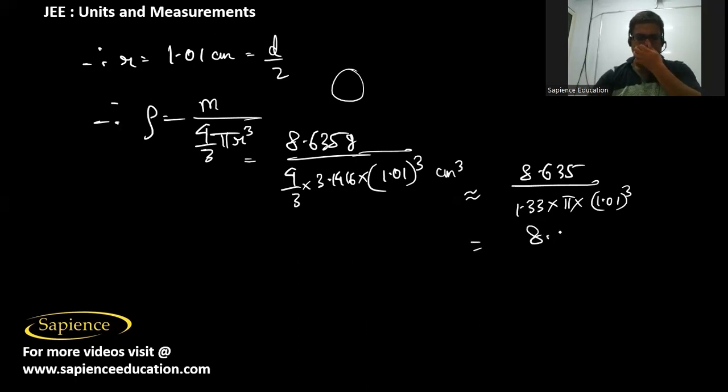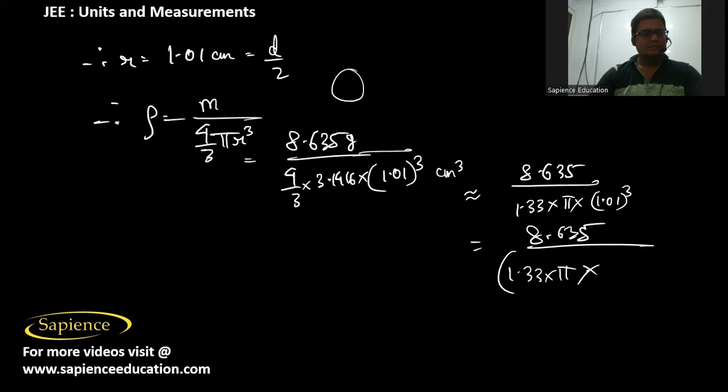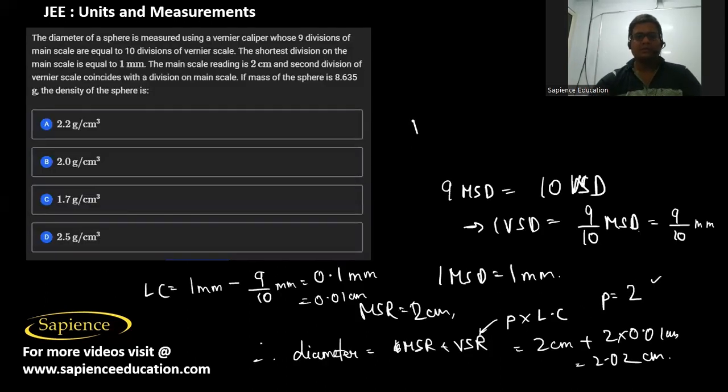It is approximately 2 only. So it is 2.0 gram per centimeter cube approximately. So option B is the correct answer.